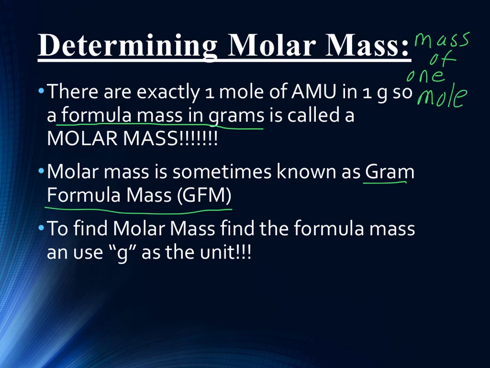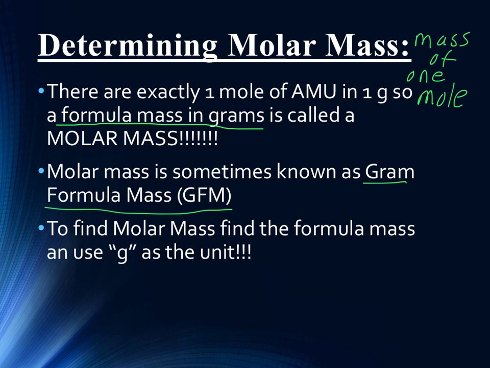All right? So to find molar mass, we do the exact same thing, just instead of popping the AMU at the end there, we use the unit grams. And technically, you could use the unit grams per mole, because that is actually what we have. We have so many grams in 1 mole of the substance. That's what makes it a molar mass.